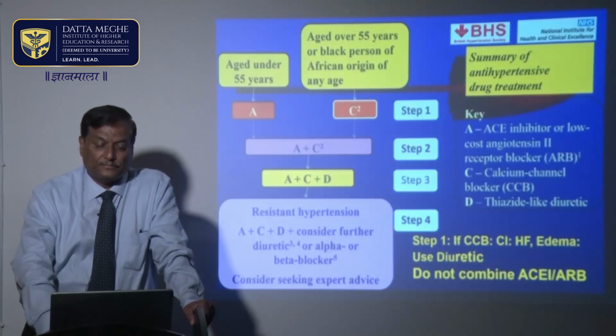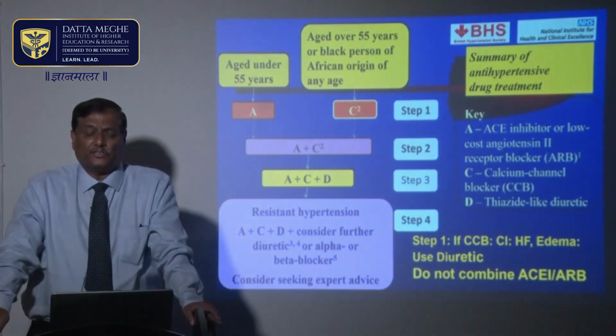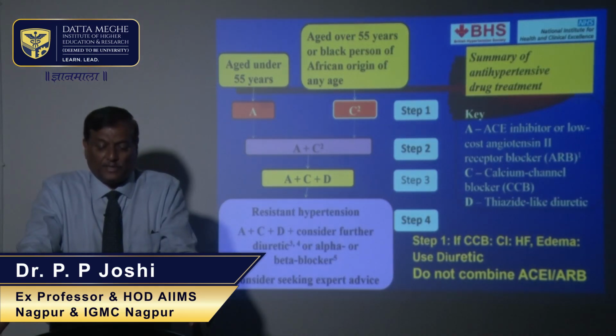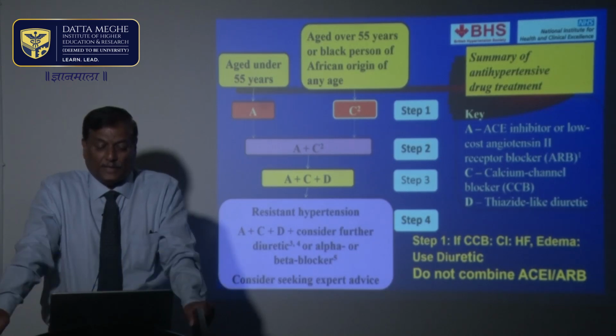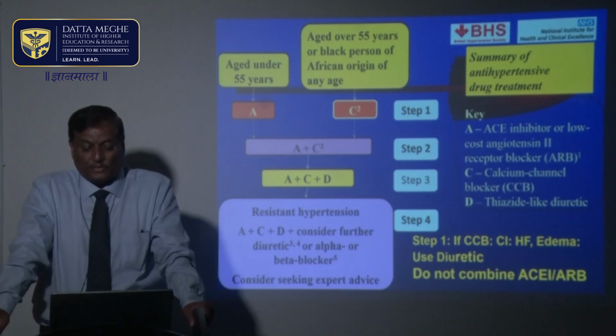heart failure. And this is the British Hypertension Society guideline for patients less than 55 years and patients more than 55 years. Step 1 is that we use either ACE inhibitors or ARBs in patients less than 55. After the age of 55 years, it's better to use amlodipine or a calcium channel blocker.